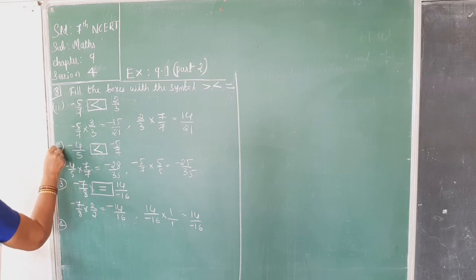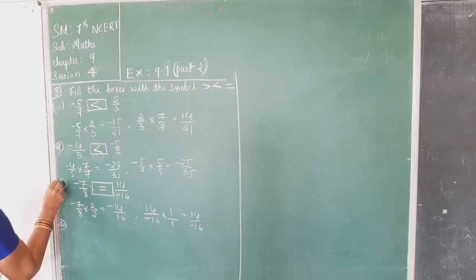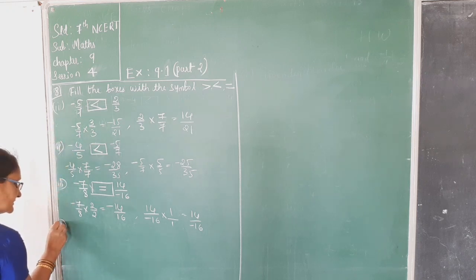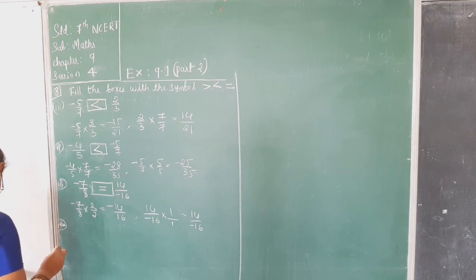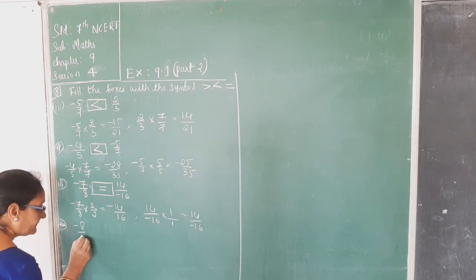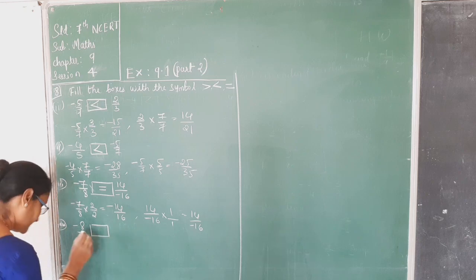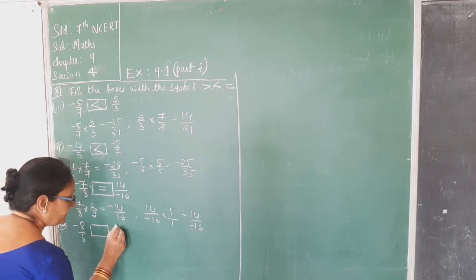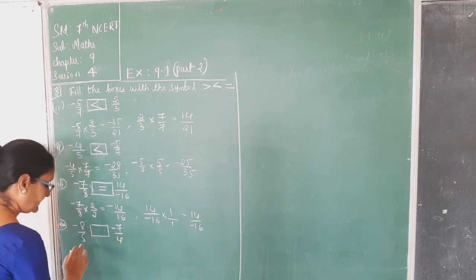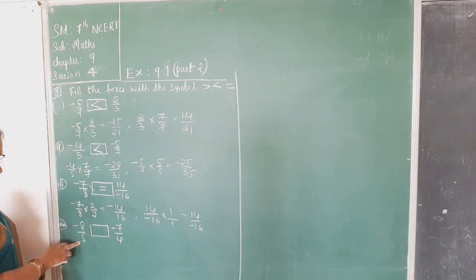Here actually this number is put, 1, 2, 3. So this is the fourth one. Minus 8 by 5, box, minus 7 by 4. See here, this will make 20, this also will make 20. What happens, we'll see.